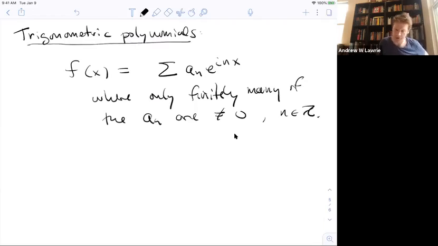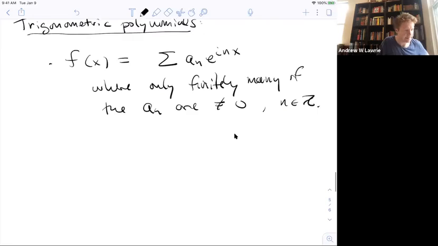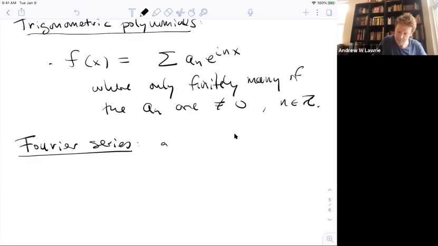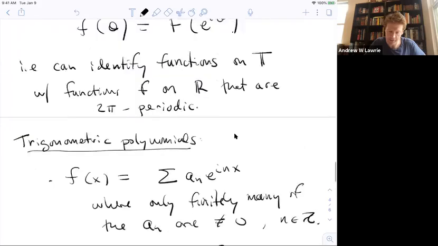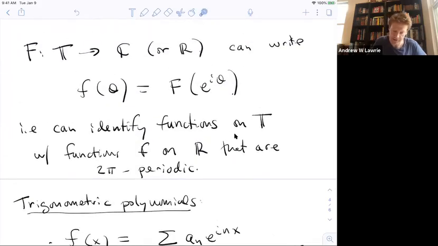This is one particular class of functions, 2 pi periodic functions on the real line. And the main object of study will be what are called Fourier series. So given f, and from now on I'm just going to abuse notation, forgetting the distinction between capital F and little f.